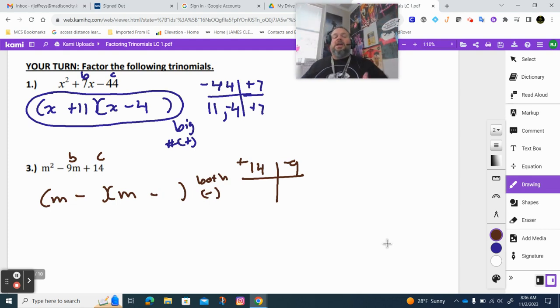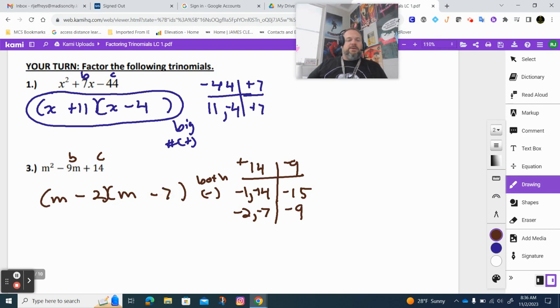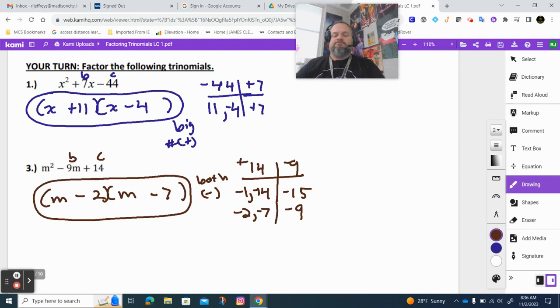Numbers that will go into 14 are 1 and 14. That gives us negative 15. And 2 and 7, that gives us negative 9. So here's our answer. That's it.